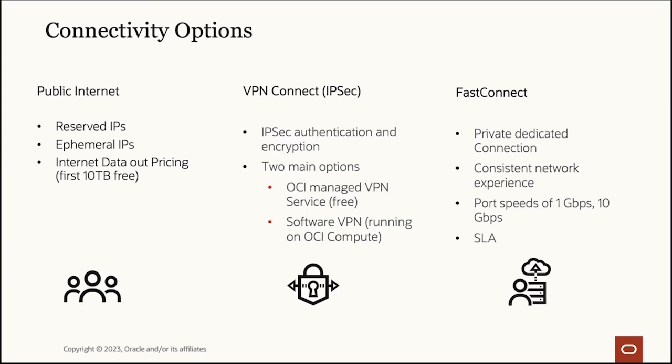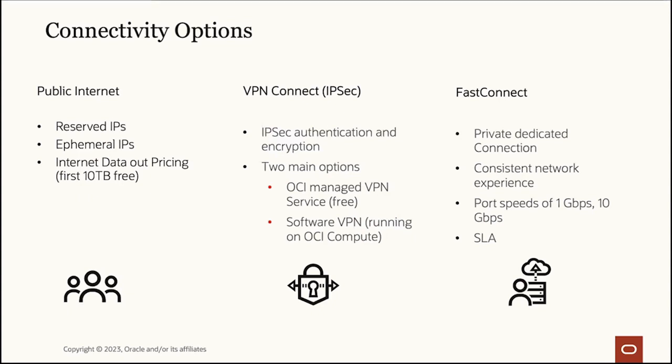If you need to communicate with a resource in a different region, or you need to communicate with your on-prem environment, then that's going to count towards your internet data out pricing after 10 terabytes, which will then start to be metered per gigabyte.